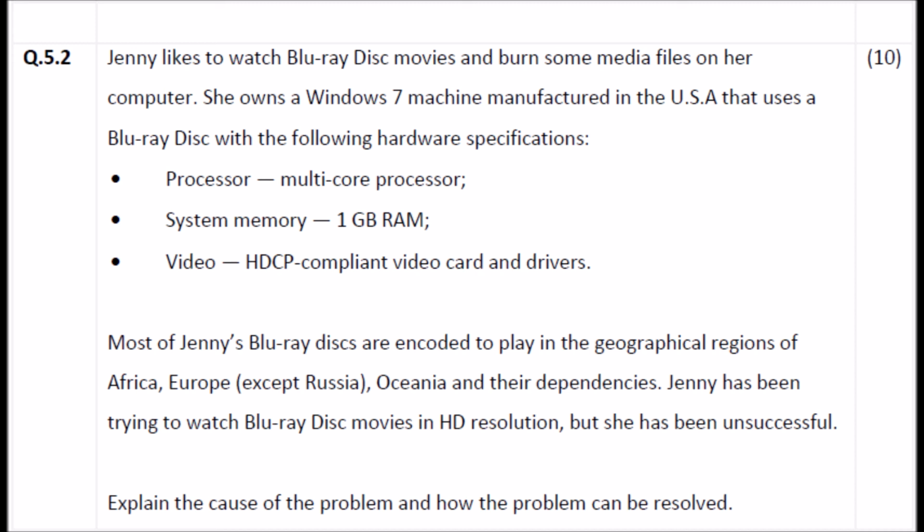Obviously, this typically isn't necessary if the actual disc has been sold, shipped or distributed region free. But this is another indication of why this particular individual was not able to view content there. So that's that as far as 5.2 is concerned.